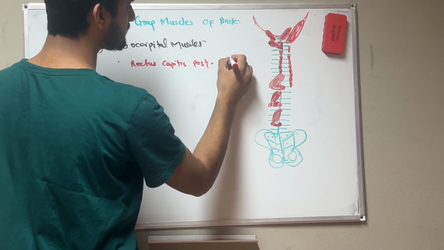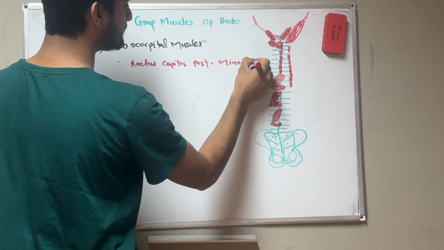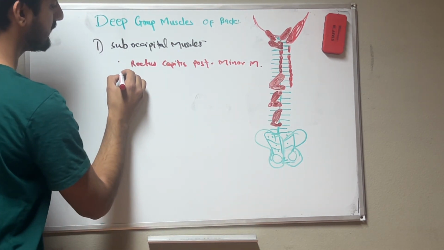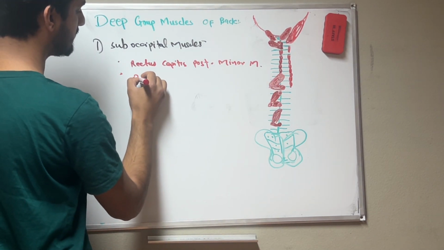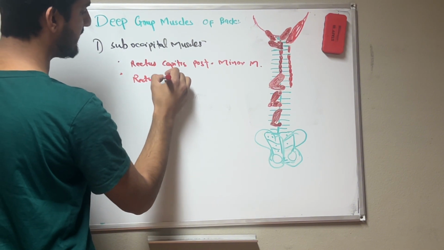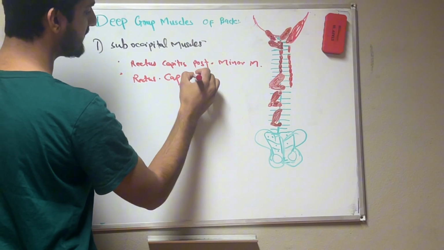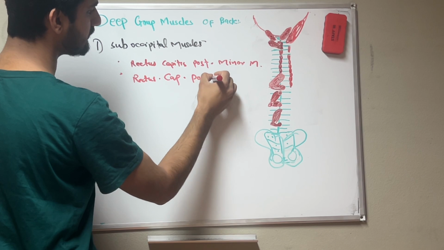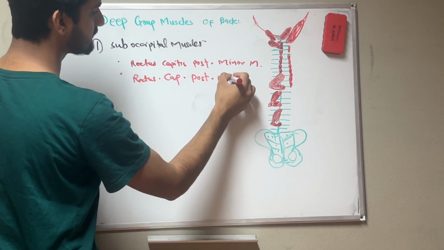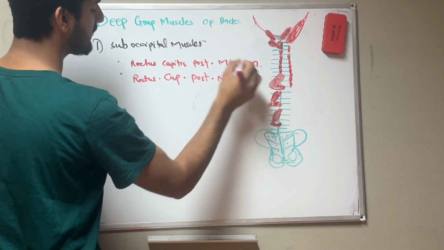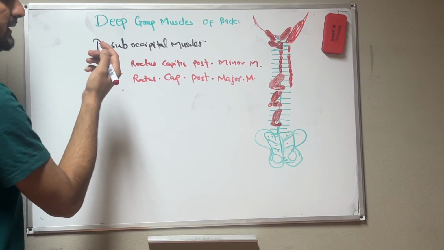Then we have rectus capitis posterior major muscle. Then we have four muscles in the suboccipital muscles.